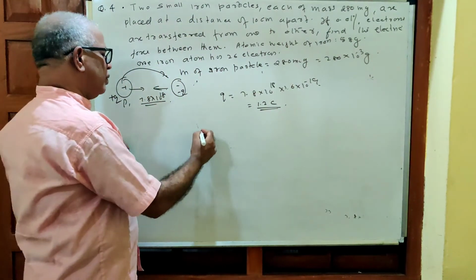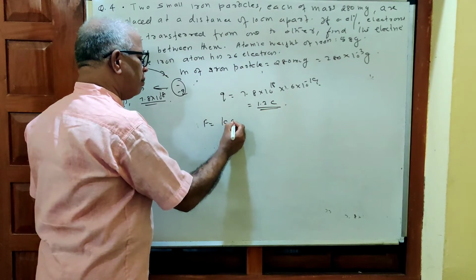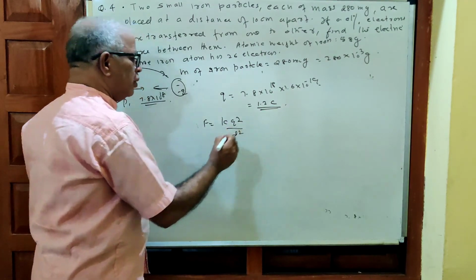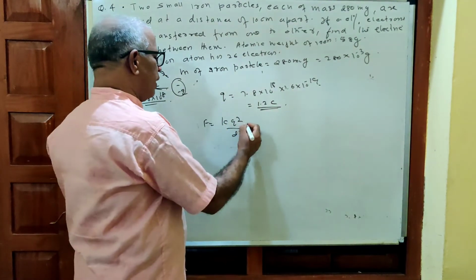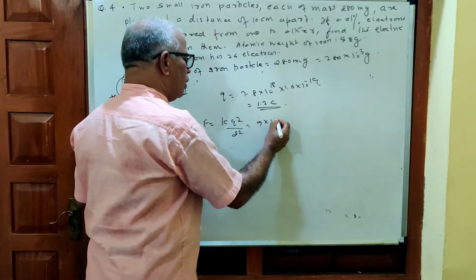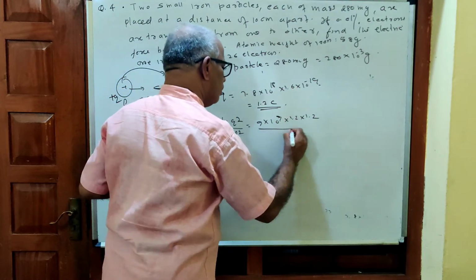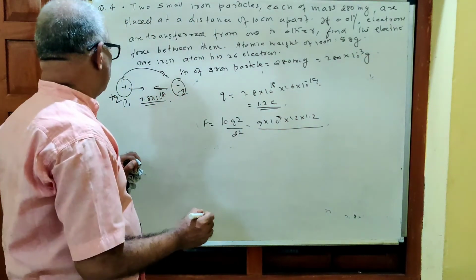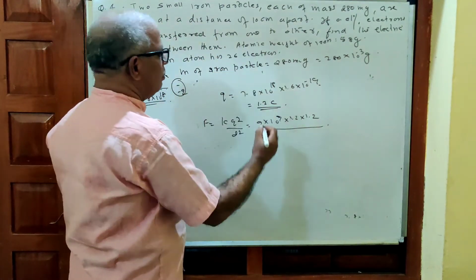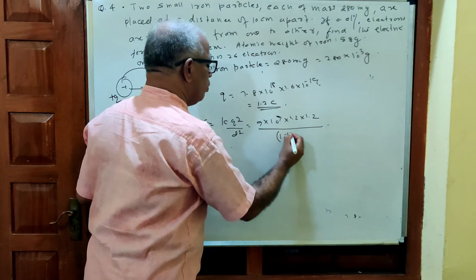So F is equal to kq square by d square. What is k? 9 into 10 to the power 9 into 1.2 into 1.2 divided by 10 centimeter, 10 raised to minus 1, whole square.